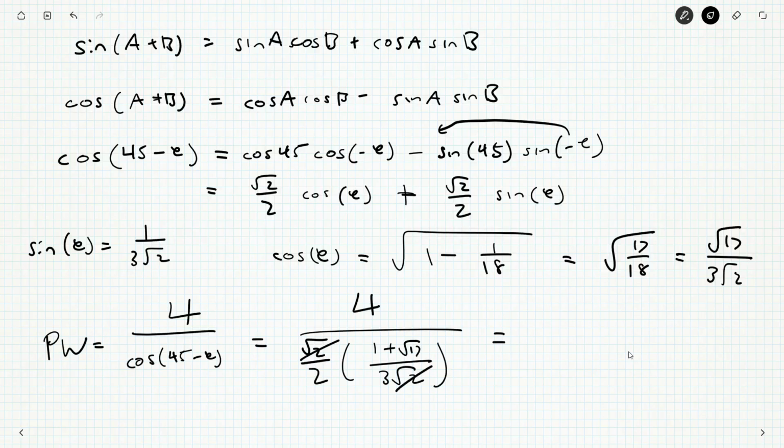The 2 and the 3 can come up to the top, so it'll be 24 over 1 plus root 17. And let's just check on a calculator. Is that what we've got? So 24 over 1 plus square root of 17. Exactly correct.